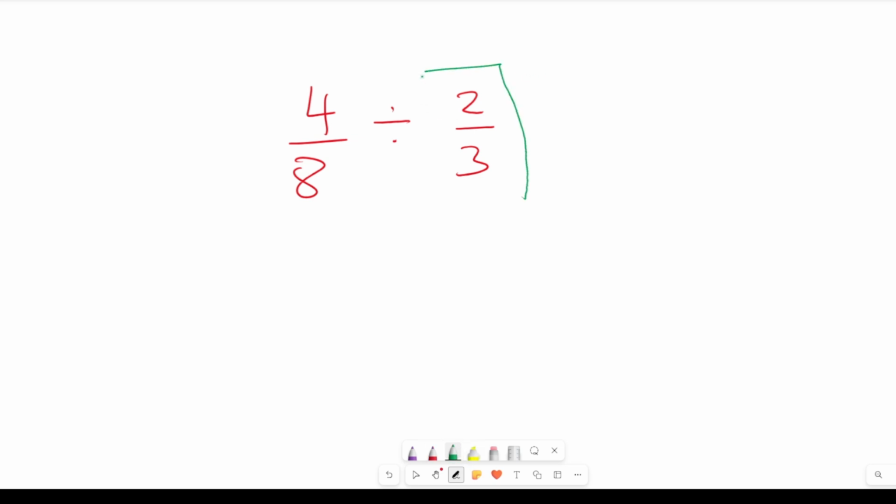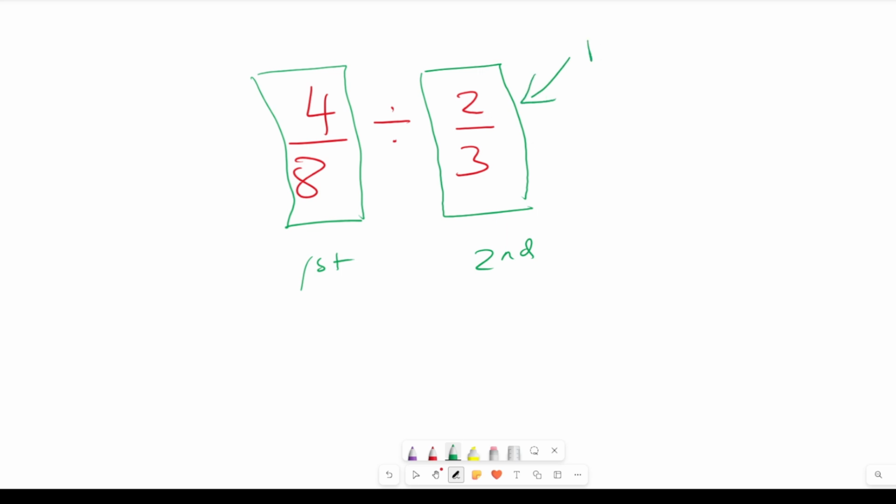We identify the fractions and know something about them. In the order that they appear, we write from left to right. So this is the first. This is the second. We keep the first one as it is and then find what we call the reciprocal of the second.